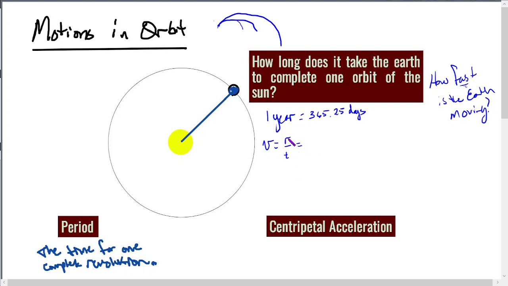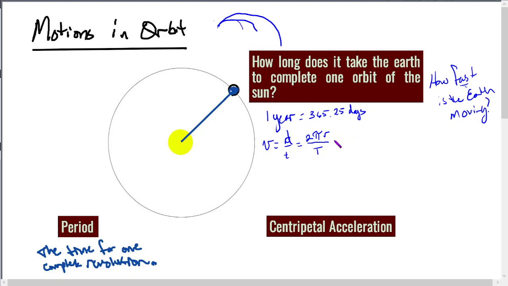Our distance, for a circle, is going to be the circumference, which is 2 pi times the radius of the Earth's orbit, divided by the period of the Earth. This is how we determine our velocity, our speed in orbit.